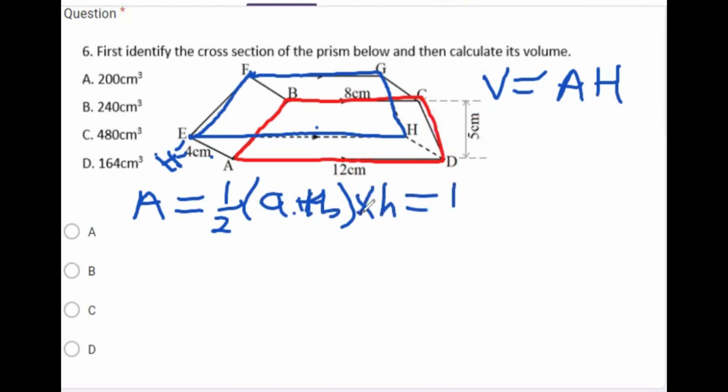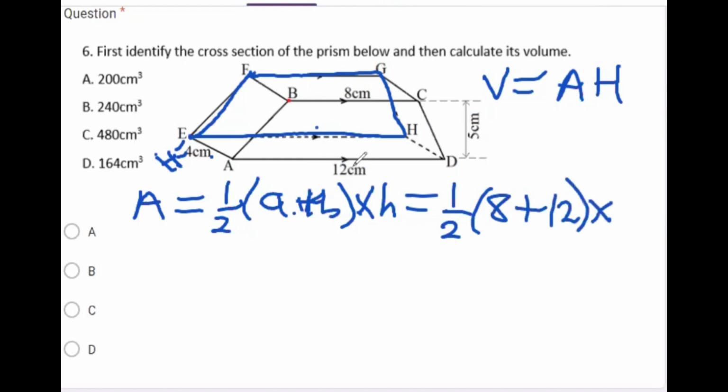That gives 1/2 times, our A is BC, the first parallel side of the trapezium, that is 8. So we have 8 plus B, the other parallel side facing it, that is 12, times the height of the trapezium.